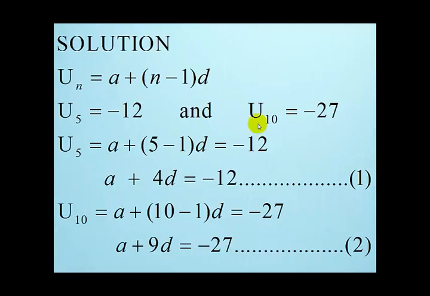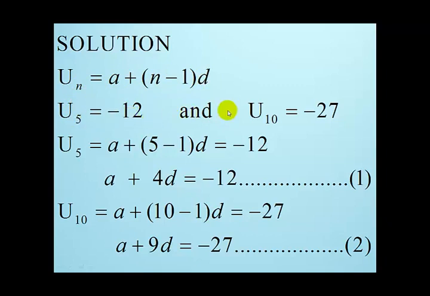Now solution. We know that for a linear sequence, the nth term is given by un equals a plus n minus 1 d, where a is the first term, n is the number of terms, and d is the common difference. Now from the question, we are told that the 5th term is equal to minus 12. That means that when n is equal to 5, the answer is minus 12.